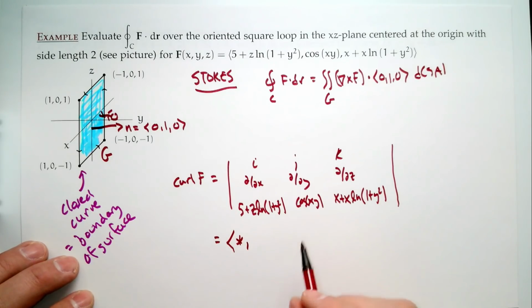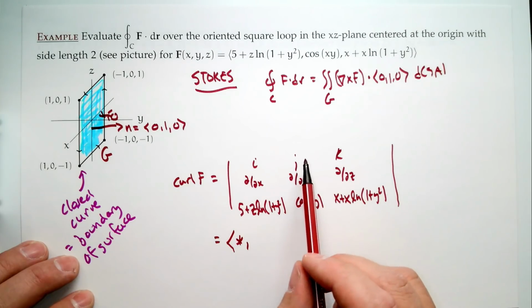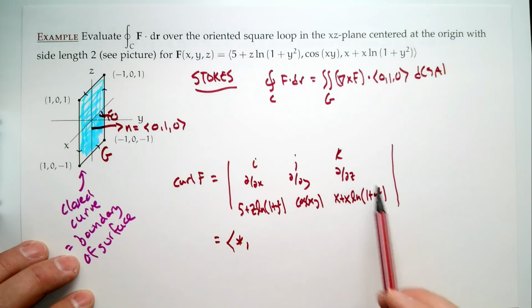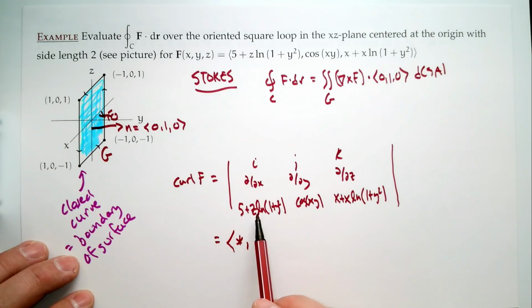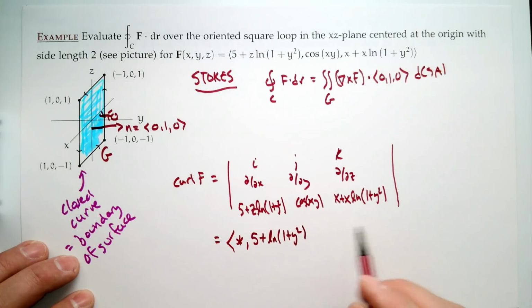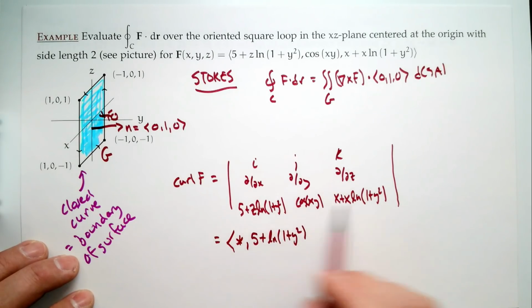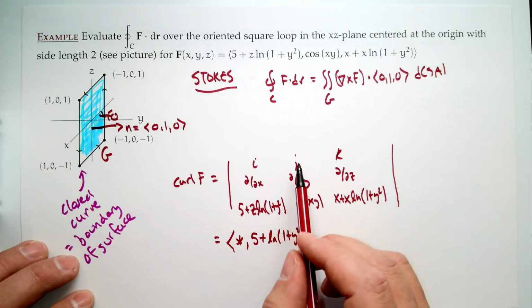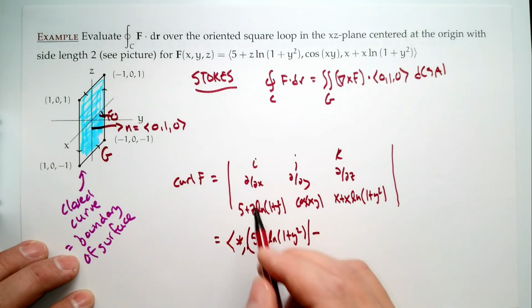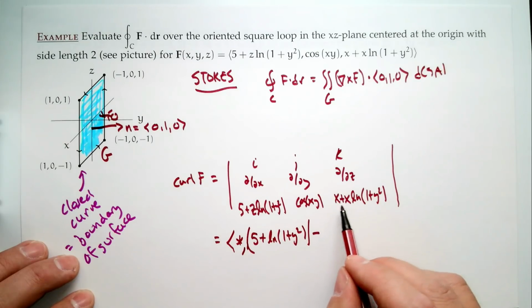So something, and then in j, what do we have? We're going to have partial z of 5 plus z times log of 1 plus y squared. So that'll be 5 plus log of 1 plus y squared. That makes us a little bit nervous. That's what we get from going in one direction. But remember, it's going to get worse because we're also going to subtract partial x of the derivative of this.